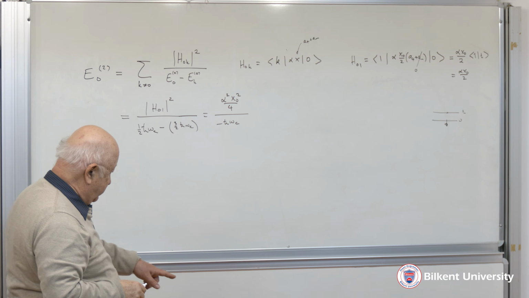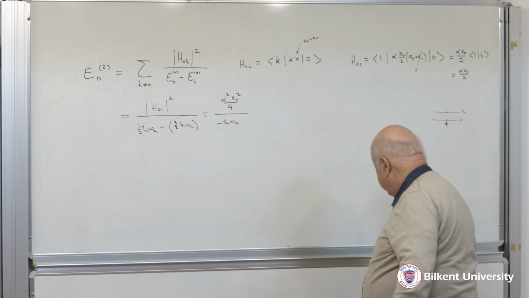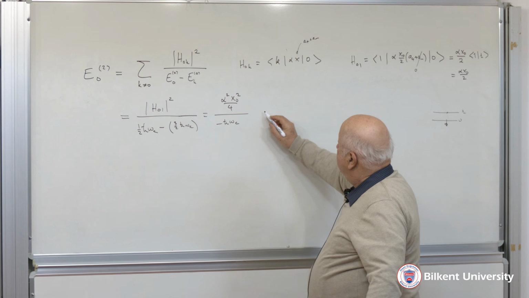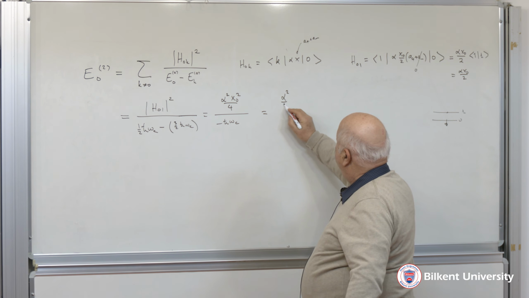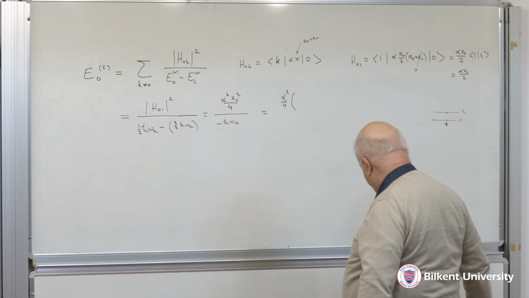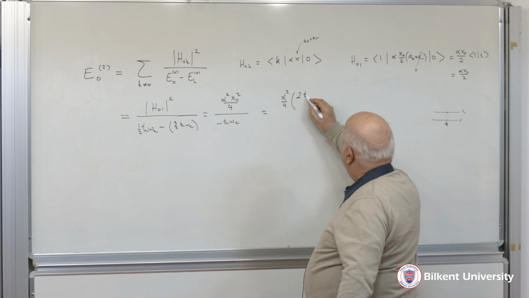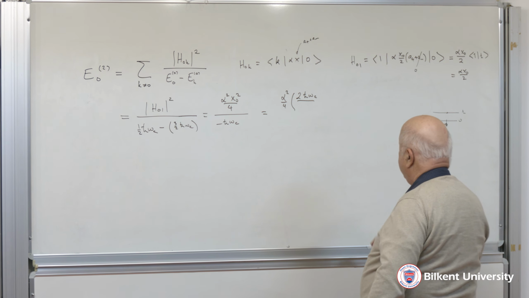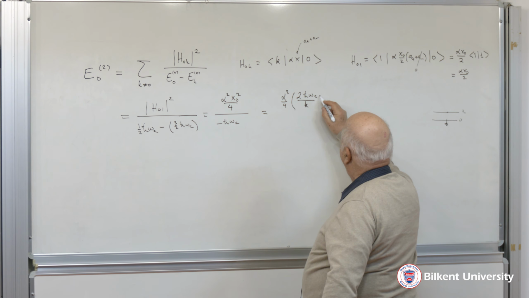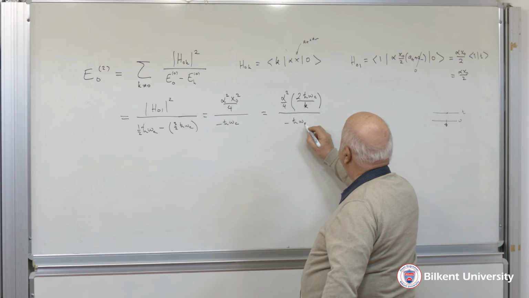x0 squared, I had written it somewhere over here, so let's put that in. This is alpha squared over 4, and x0 squared was 2 h bar omega c divided by k, and then I have minus h bar omega c here.